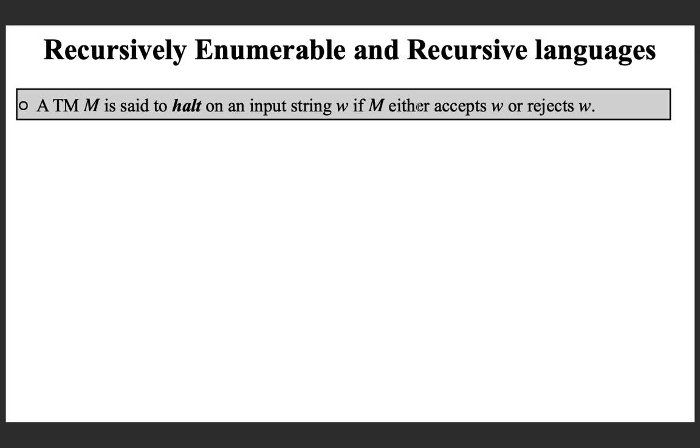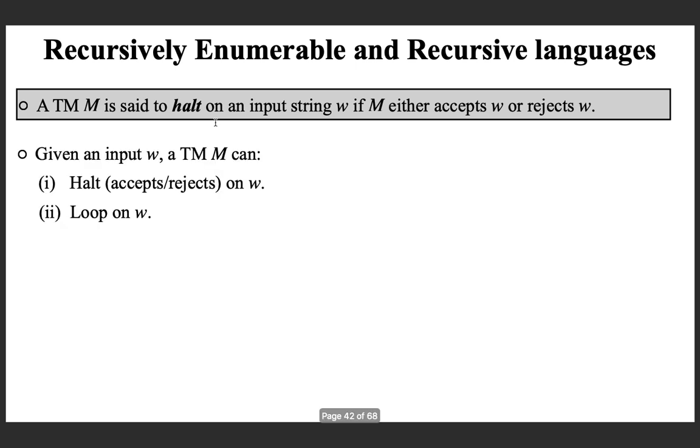In these two cases, you know that if it goes to T, it is accepting it, and if it is going to R, it is rejecting it. If any of these two happen, then you can say that the machine is halting on the given input. Now recall that given an input string W, a Turing machine can do any one of the following two. It may either halt on W. Halt on W means it either enters the state T or it enters the state R, that is, accepting or rejecting.